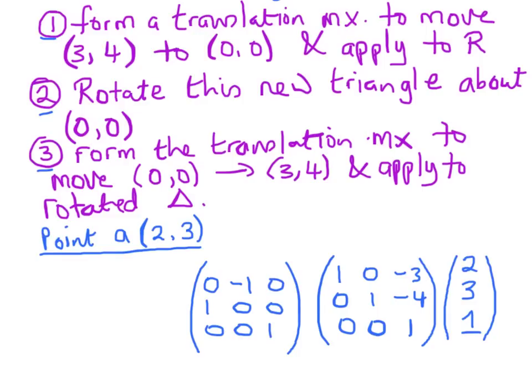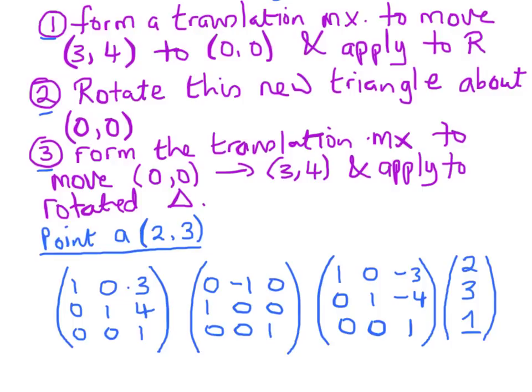And then thirdly, form the translation matrix to move 0, 0 to 3, 4 and apply that to A. If you recall, the translation matrix to do that is 1, 0, moving it from 0, 0 to 3, 4. So it's going to be add 3, so 1, 0, plus 3, 0, 1, plus 4, and 0, 0, 1.